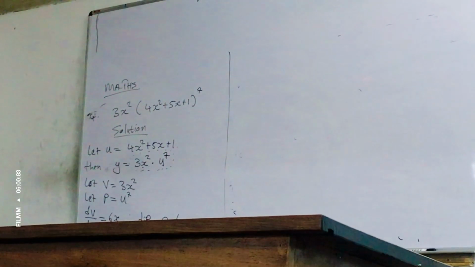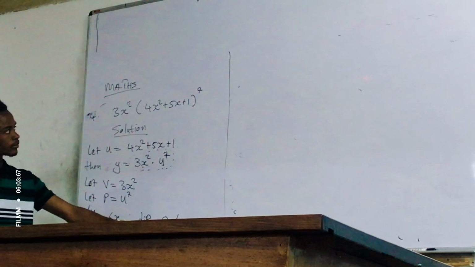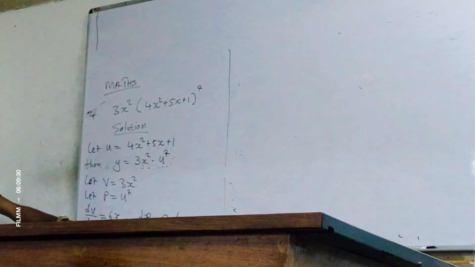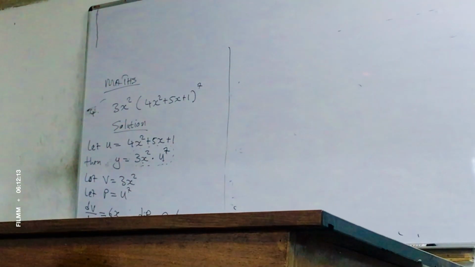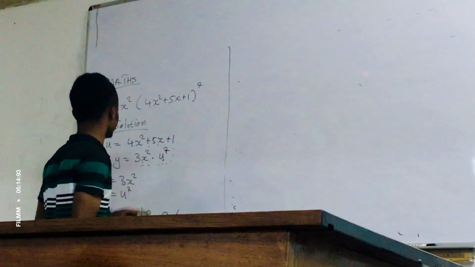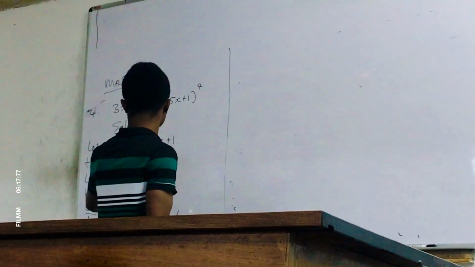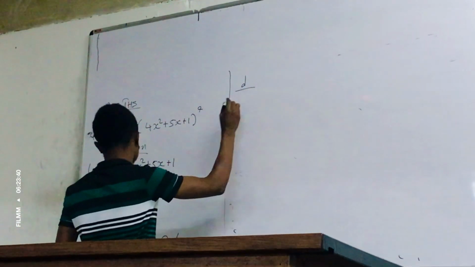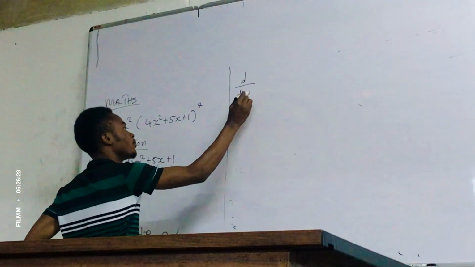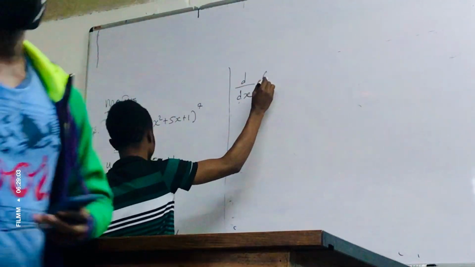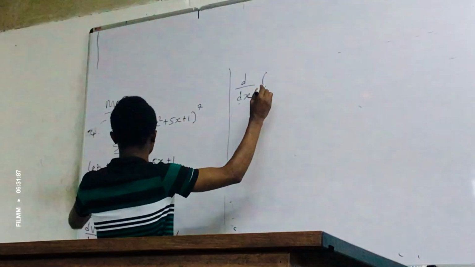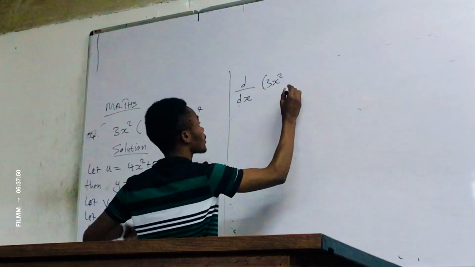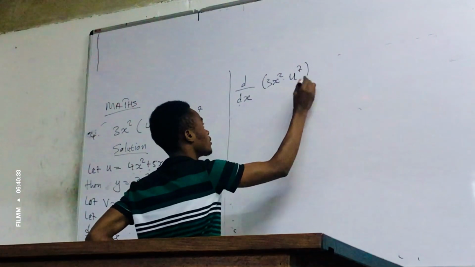So when you differentiate this guy, we have differentiated, and there we have also differentiated. What are you going to differentiate again? We are going to work out using the product rule. So we are going to say this guy, which is 3x squared, dot u to the power 7.